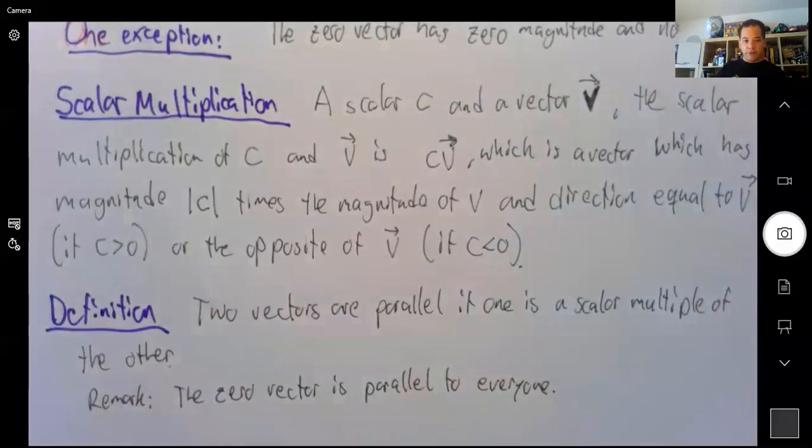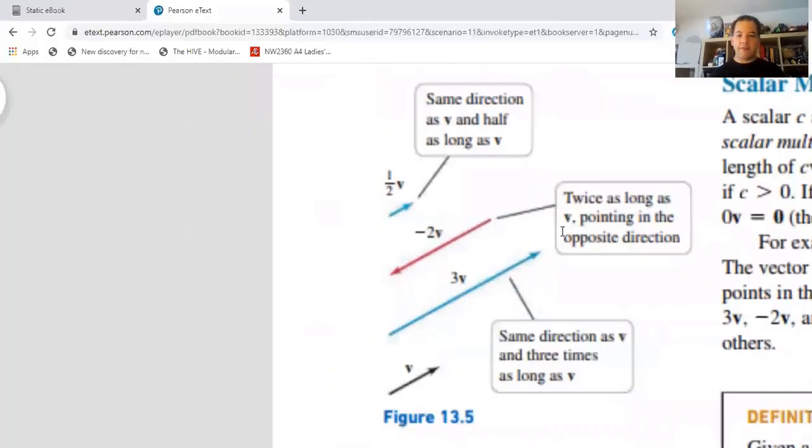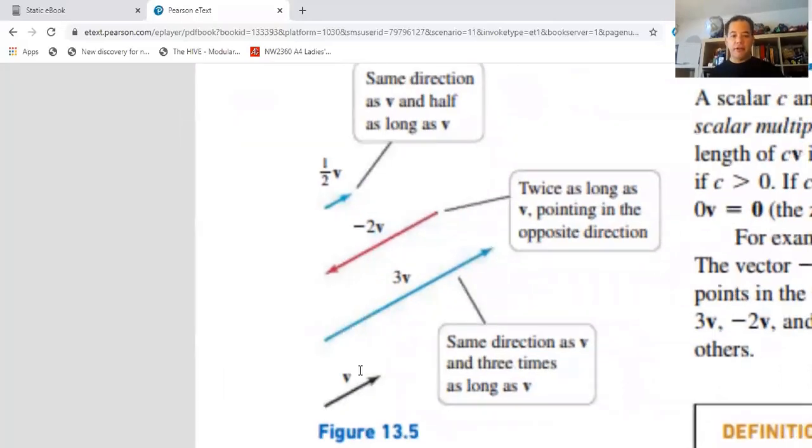Now I'm gonna show you some pictures of what it is that we're doing. Let me go back to our book. So here we have an illustration of what I was telling you. Right here at the bottom, we have the vector v, right? And you have some illustrations of what happens when we multiply v by some scalars.